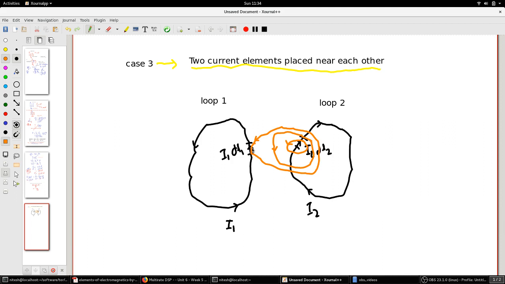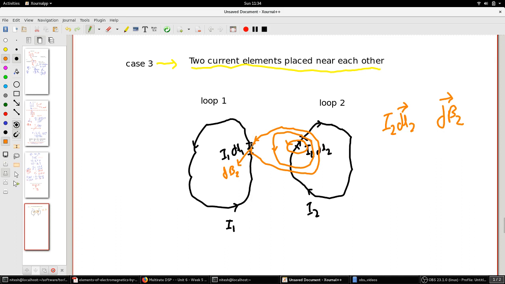Okay, agree? So think of this as B2 at this point. If I use the tangential direction, it's going to come in this direction. This will be dB2 because of the current element I2 dl2. So I2 dl2 creates dB2, the magnetic field at this point.